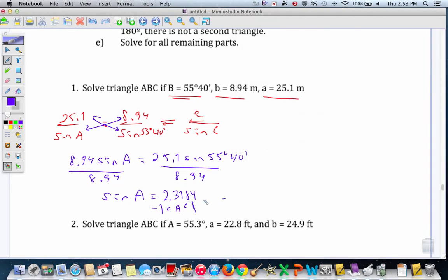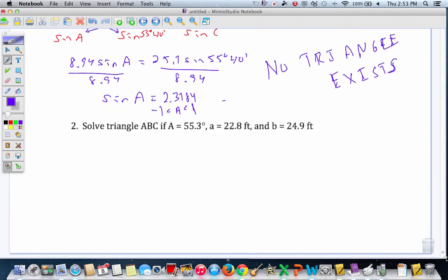Well, an error message is justified here because our sine has to fall between -1 and +1. 2.3 is well above that, so in this case, there is no triangle that exists. So there's our first example that says no triangle exists based on our ambiguous case.